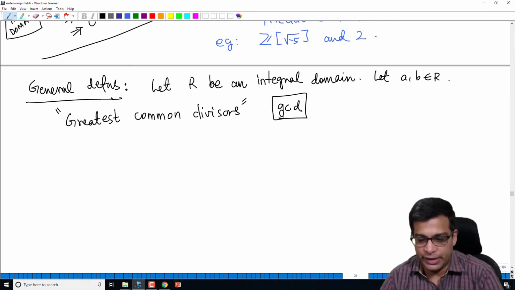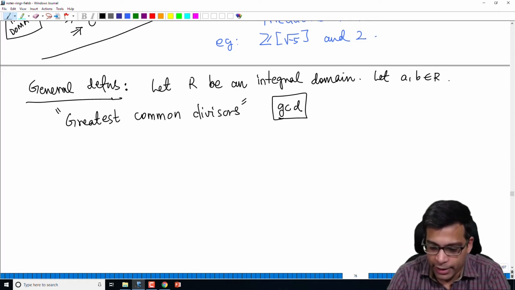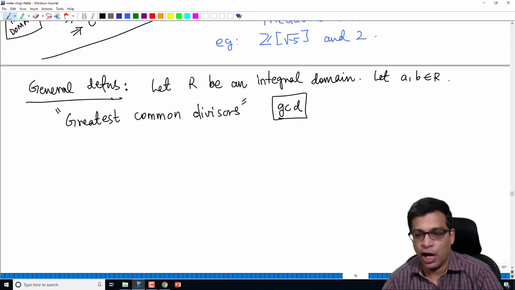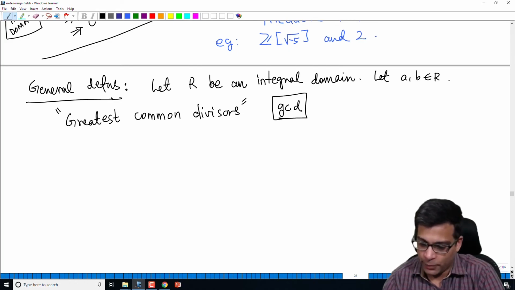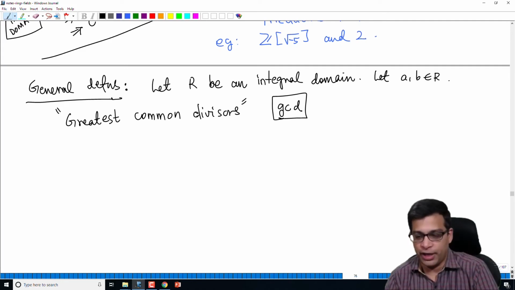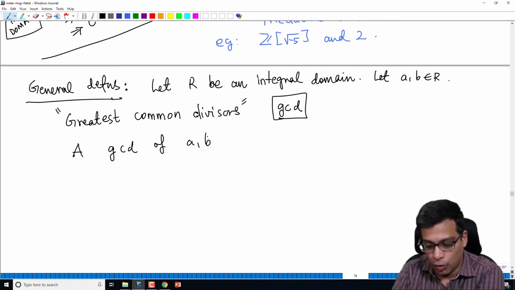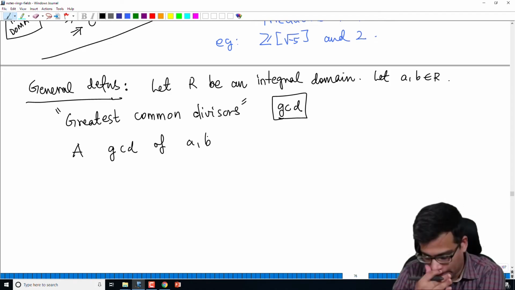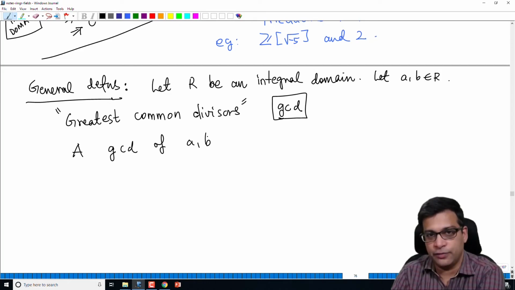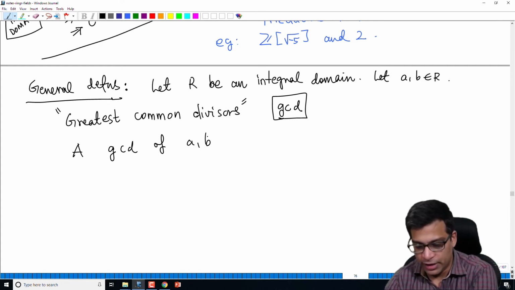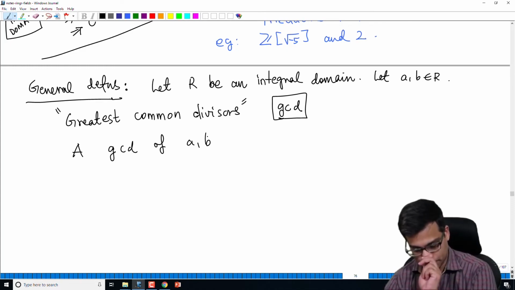We know about GCD, LCM and so on. So I want to carry over the notion that we have in integers, namely GCD, to an arbitrary integral domain. So what is GCD? Let us formally define that. I want to now talk about a GCD of A, B. Because there could be more than one, I will always say a GCD, because even in integers, if 3 is a GCD of two numbers, minus 3 is also a GCD.